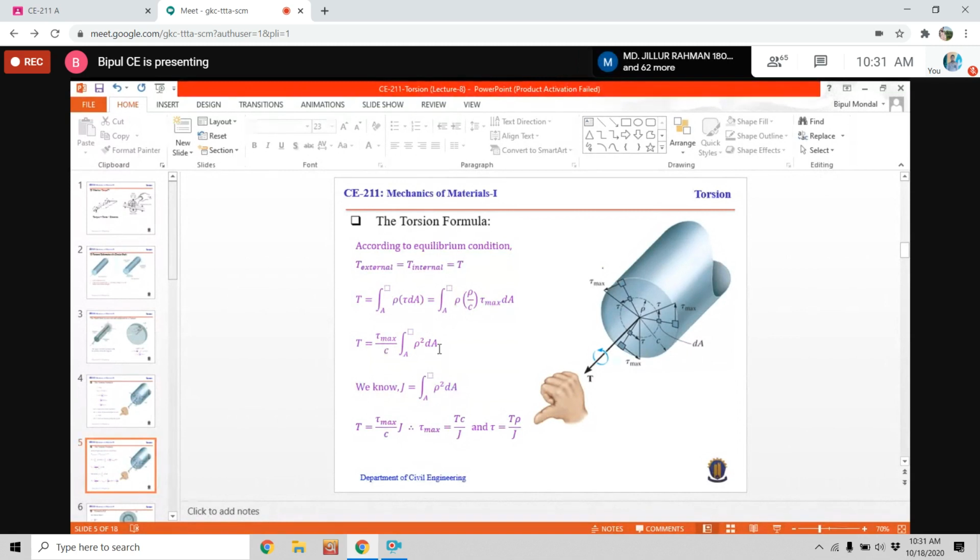From the mechanics of materials course we have learned that J, the polar moment of inertia, is nothing but the integral of rho square dA.